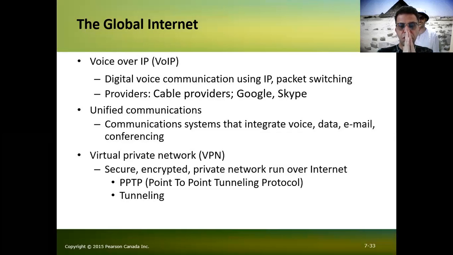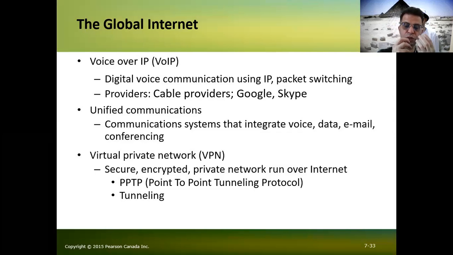So for the global internet service, we have what you call voice over IP, which is when you talk through WhatsApp or Skype. It is a digital voice communication using IP and packet switching.